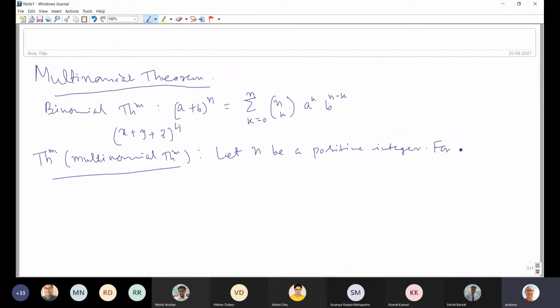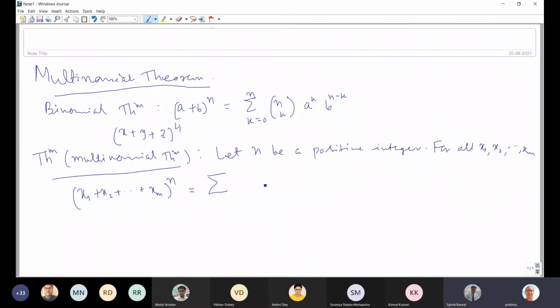Then for all x1, x2, up to xm, we have the expression (x1 plus x2 plus ... plus xm) whole to the power n is equal to, what do you get? Some of you might have seen this. Do any of you know?